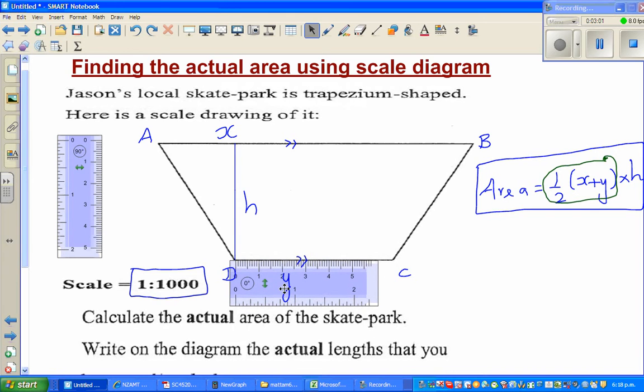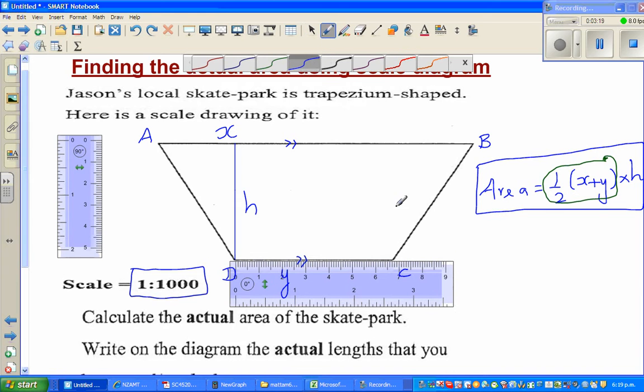So let's find the length of y. This is my ruler. Set the 0 of your ruler at D, and let me make this bigger. If you read it properly, this is where you want to measure.